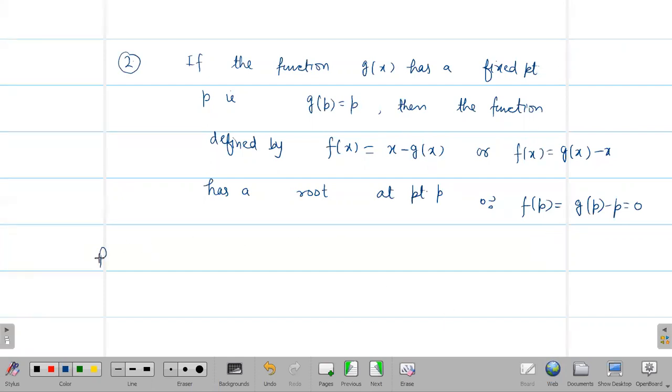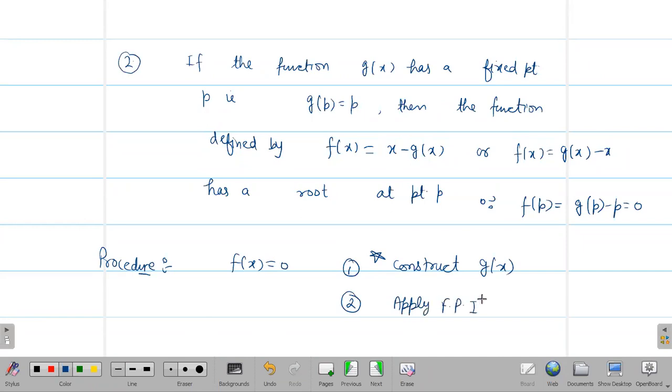Okay, so actually what is the procedure? Suppose you have f of x is equal to 0. In the first step, you have to construct g of x. This is the main part. Construct g of x. This is the most important part. Then after constructing g of x, apply fixed point iteration on g of x.